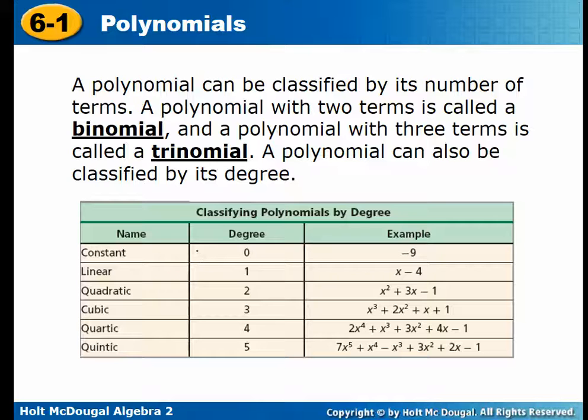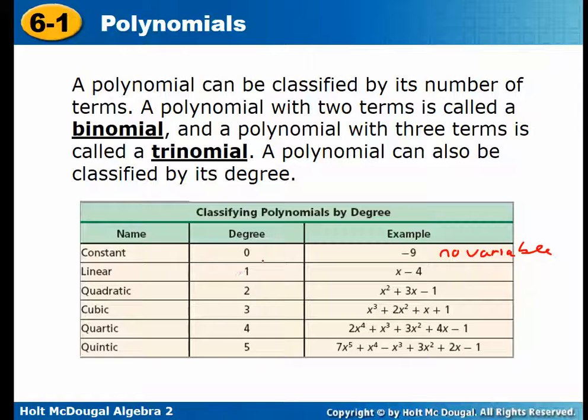So here we have, this is also classifying by degree. So by degree, a constant has a degree of 0, like no variable, just a number. So that's a constant.